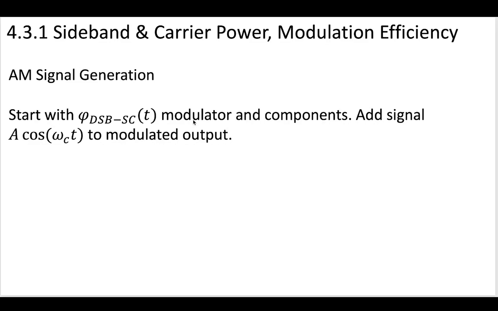And one last question, how do you do this AM signal generation? Well, the way that you can do AM signal generation is go back to the circuits and components that we used to make the double sideband modulation. So make something that does the DSB-SC, which we saw a number of these.